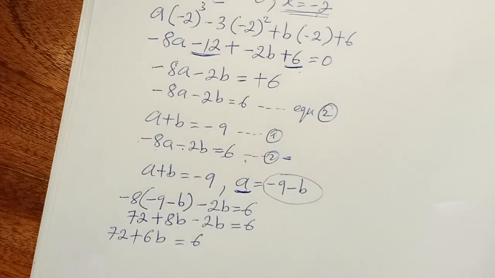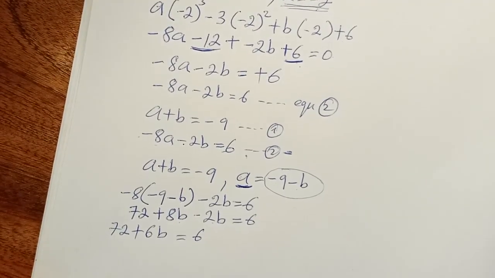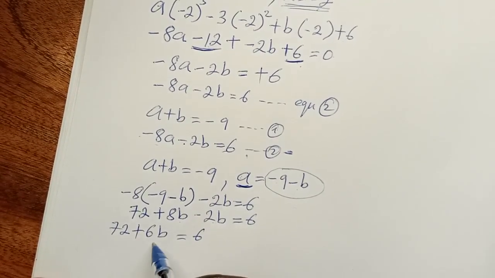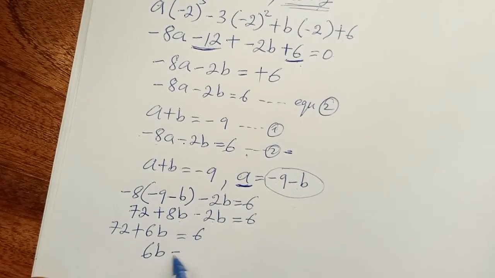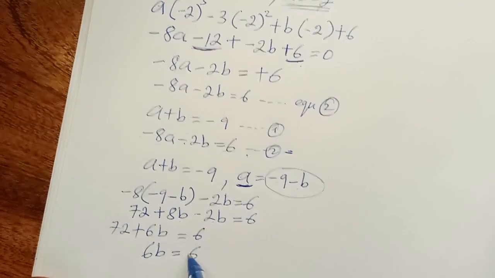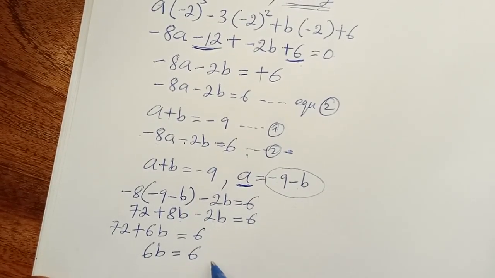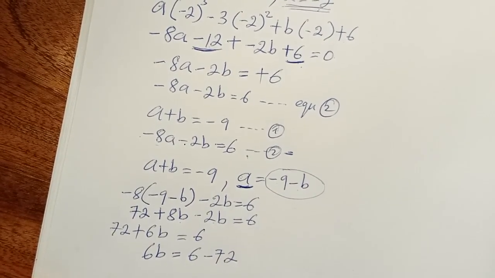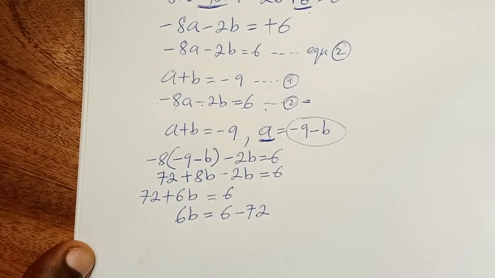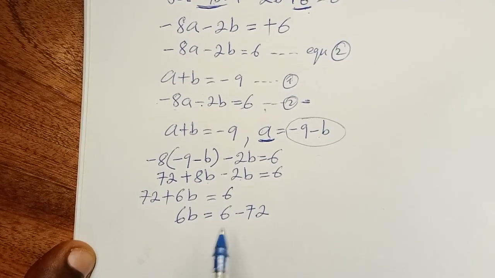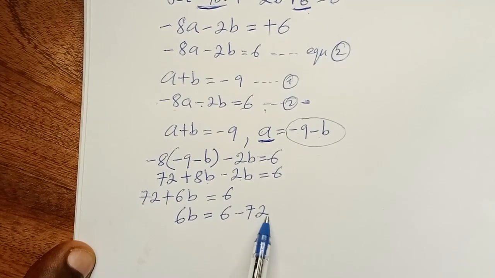We have to collect like terms together and transfer the other one to the other side. So we are left with only 6b equal to 6, and carry this 72 to the other side, where it becomes minus 72. Of course, 6 minus 72 is going to give us minus 66.